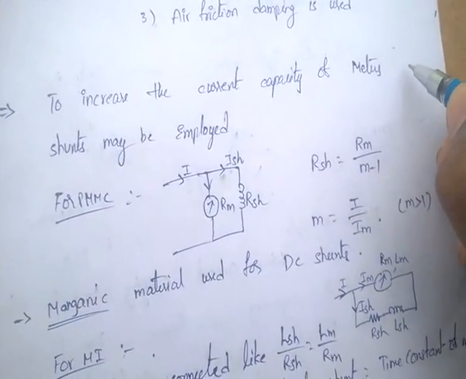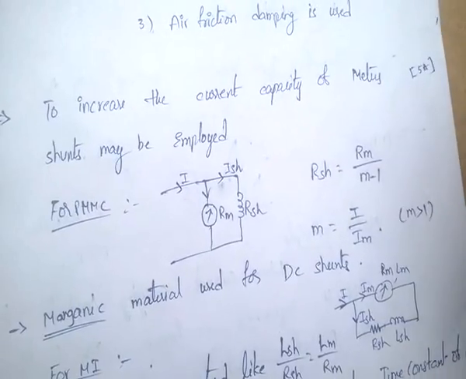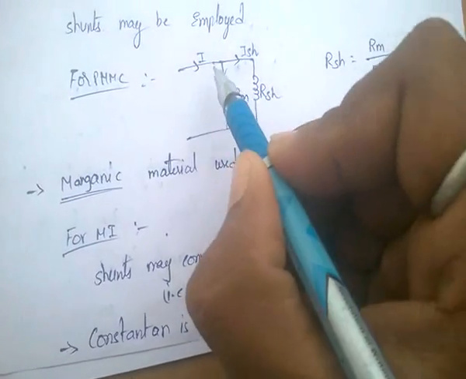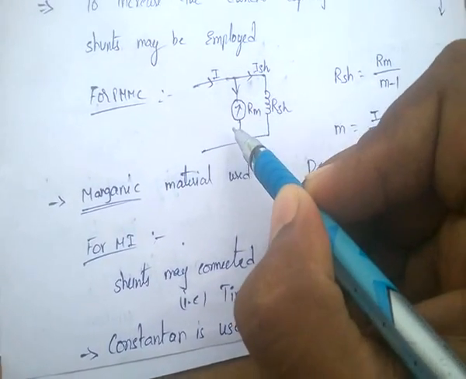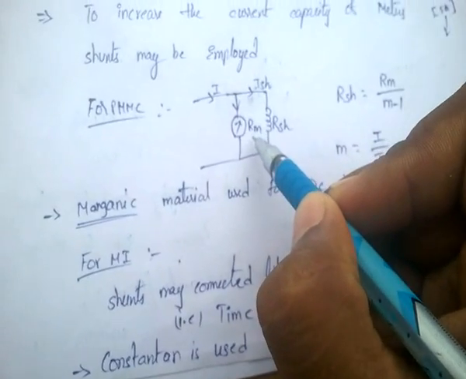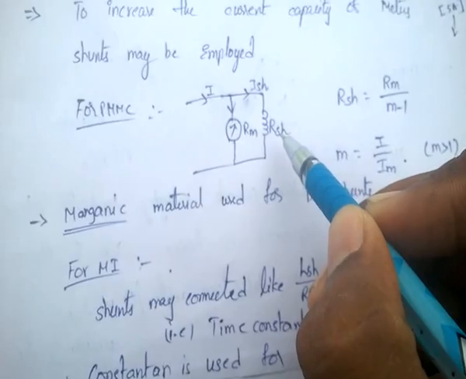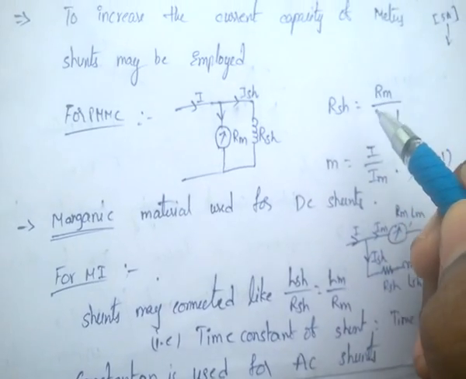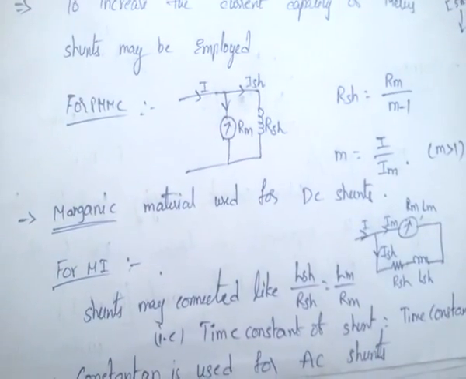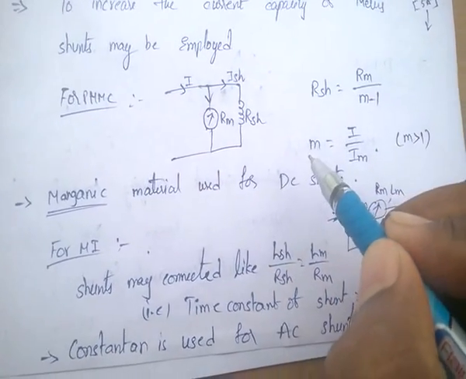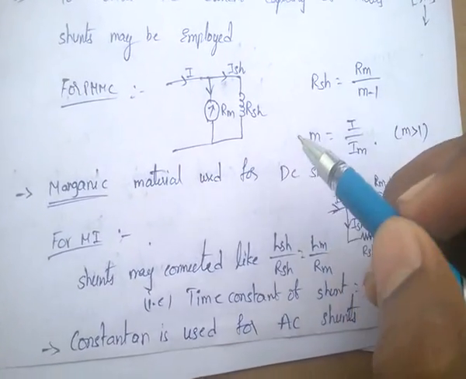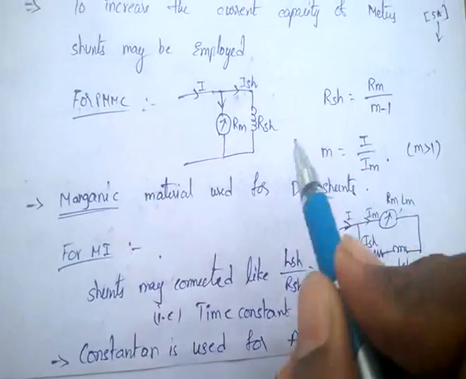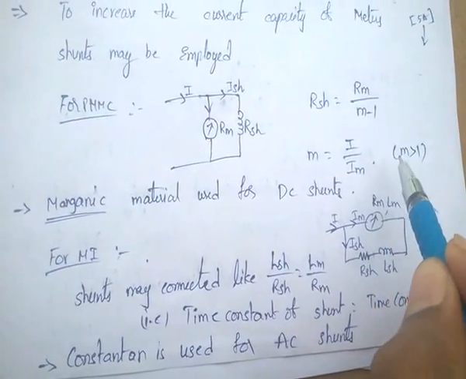For example, if the meter capacity is only 5 amps and we want to increase this capacity, then some shunts are connected in parallel. If the meter resistance is Rm, the shunt resistance RSH is connected in parallel. RSH equals Rm by m minus 1, where m is the multiplication factor. m equals the current which we have to measure, I, divided by the meter current Im. m is always greater than 1.